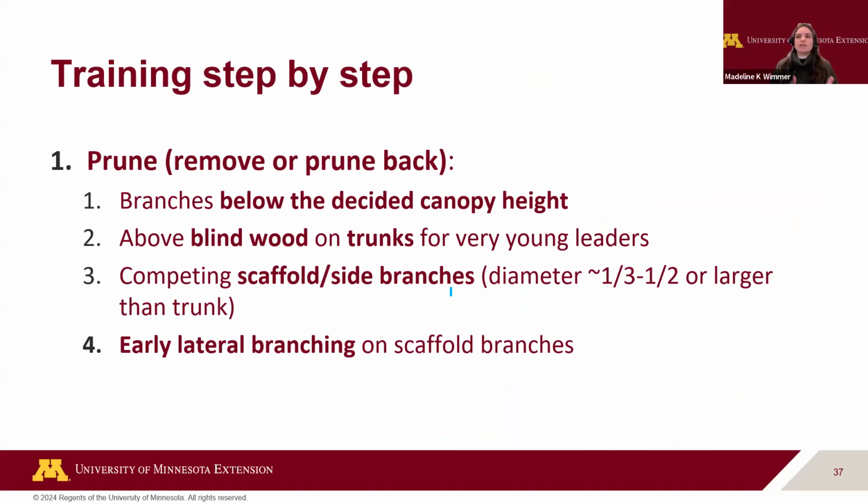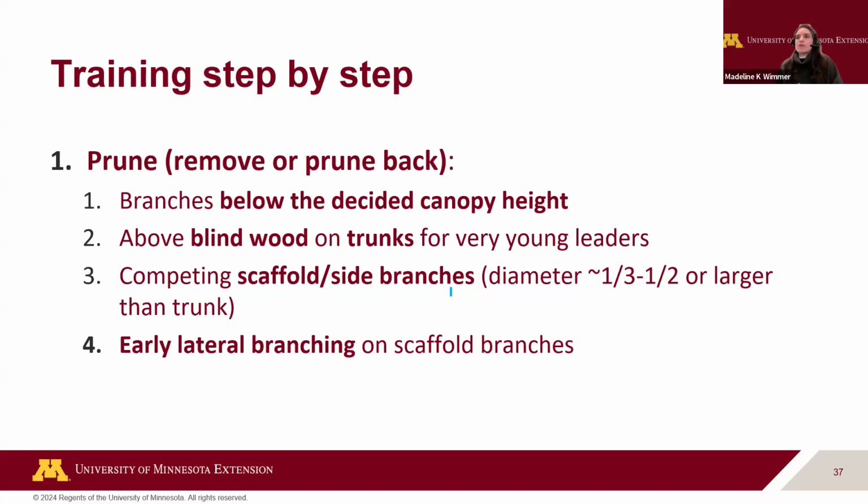So what would we want to prune after planting an apple tree as it grows year by year? As I mentioned earlier, you're going to want to take off any branches that are below the decided canopy height, which is, again, your decision. There is some guidance for that. Between 30 and 45 inches can be standard, but that's really your decision based on what equipment might need to go under a tree, things like that.